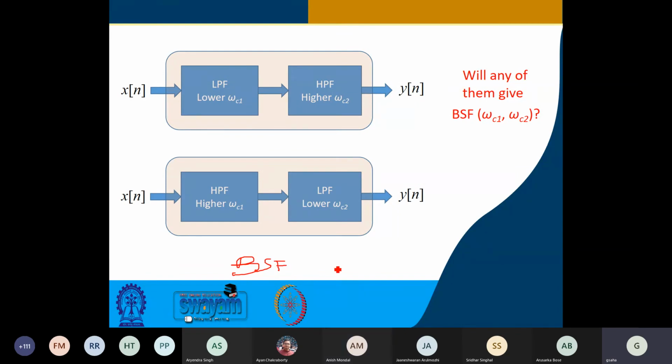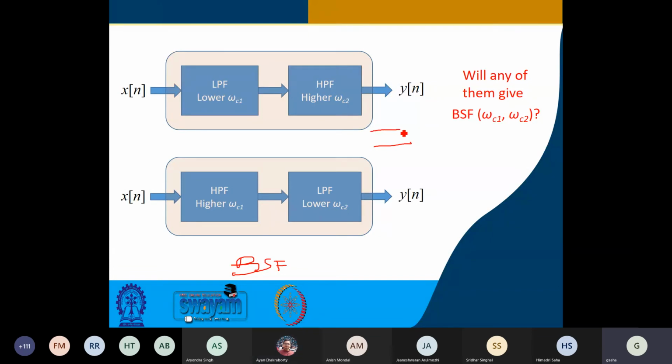No, sir. Maybe we can change the cutoff frequency. You have to give me a scheme. So WC1 should be higher than WC2. WC1 higher than WC2. Yes.